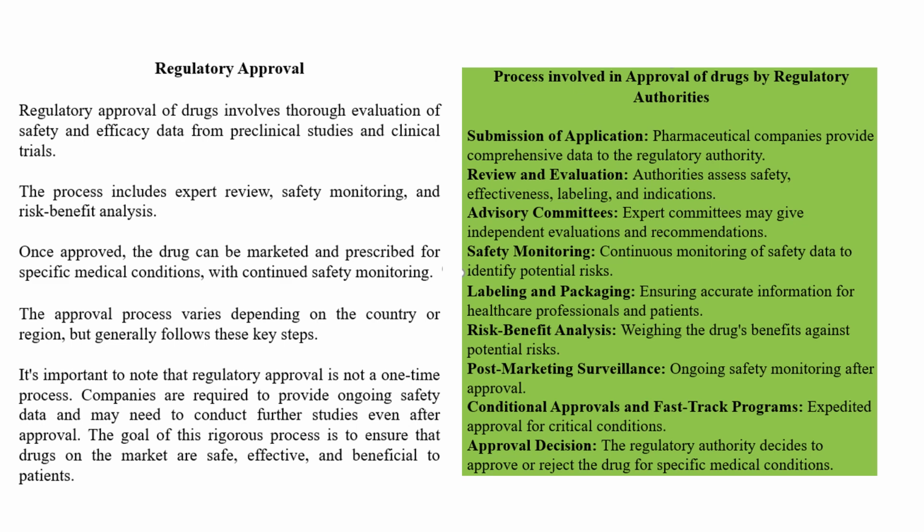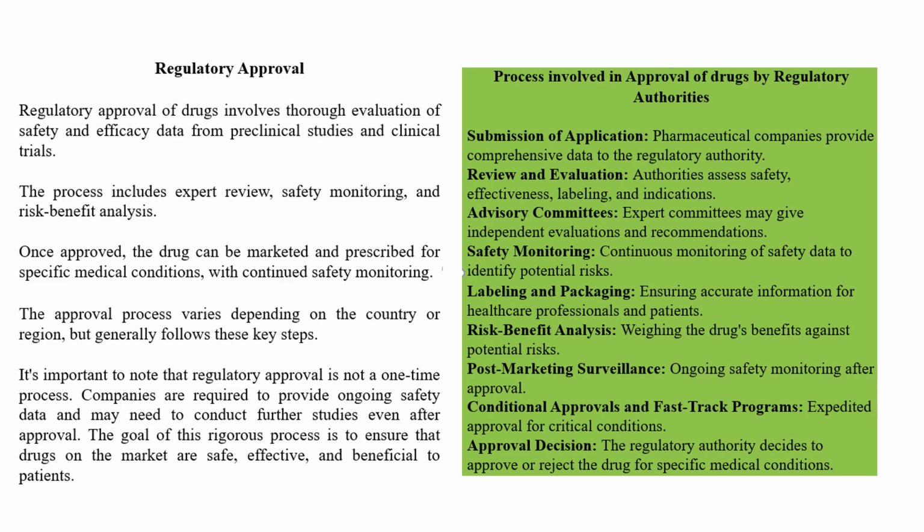Then labeling and packaging. This will also be monitored by the regulatory authority, who check whether the dosage, the name of the drug, manufacture and expiry date given are correct or not. Then the risk benefit analysis and post marketing surveillance, then conditional approvals and fast approval.